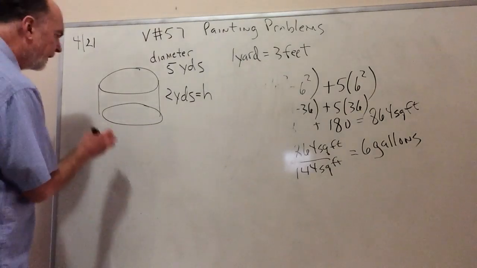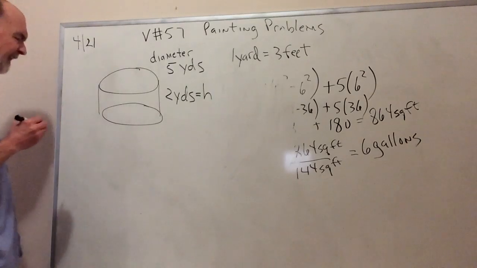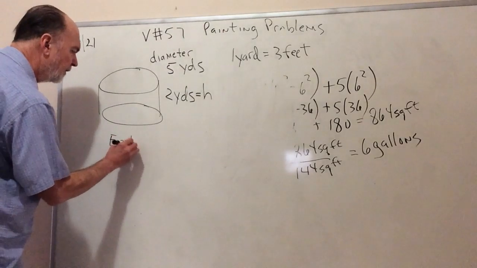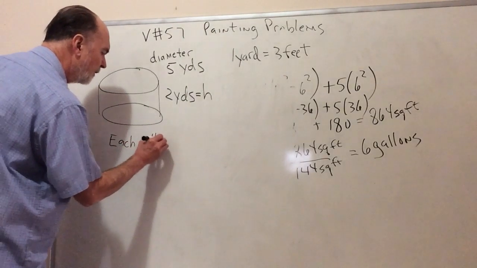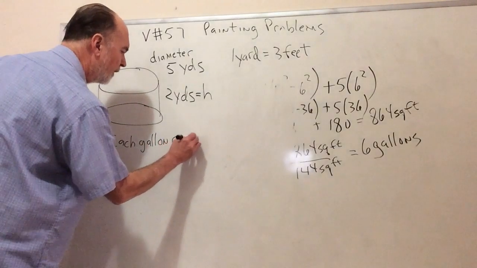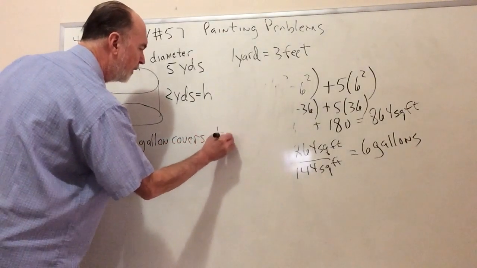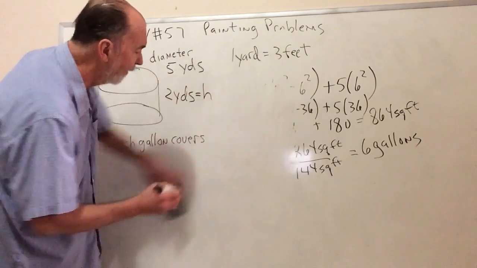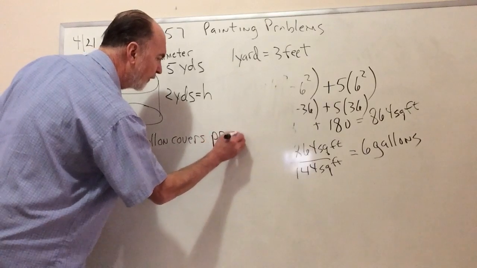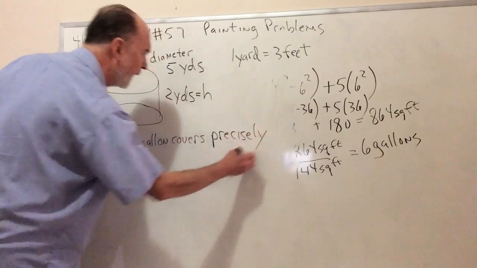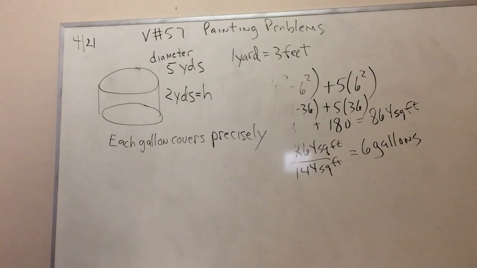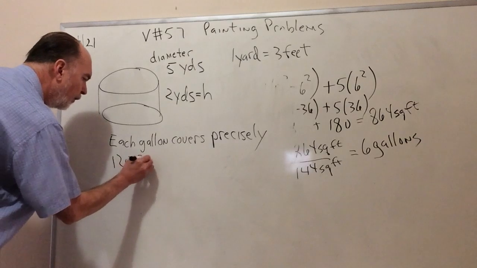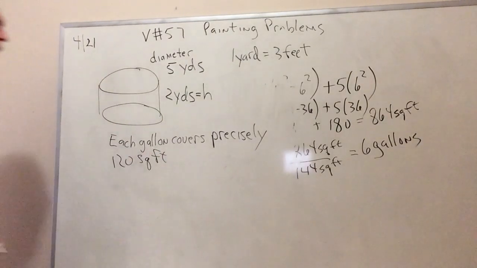We'll say that this has like a special kind of paint, and we'll say that each gallon covers precisely, because that's what they have to do by law, actually, each gallon covers precisely 120 square feet.